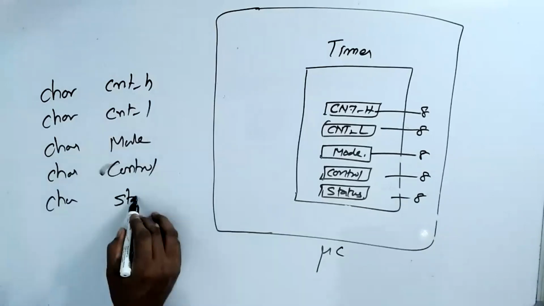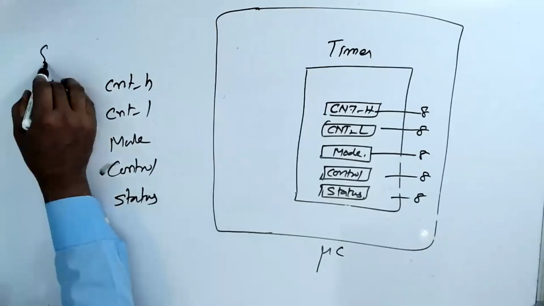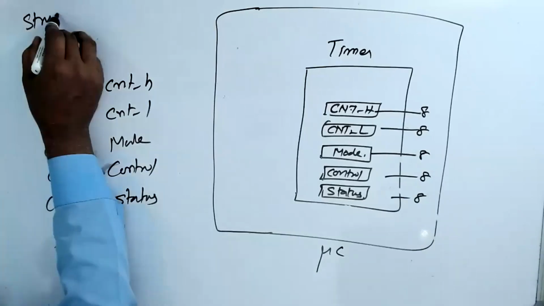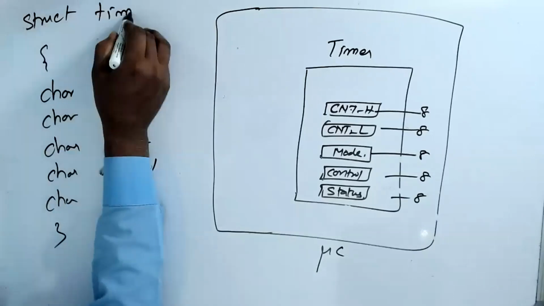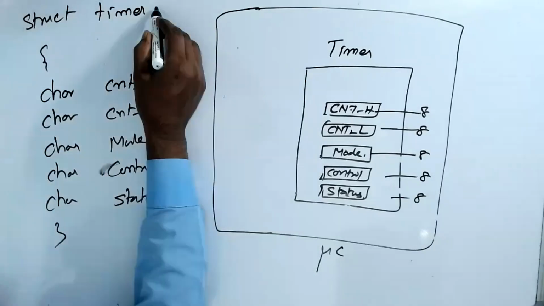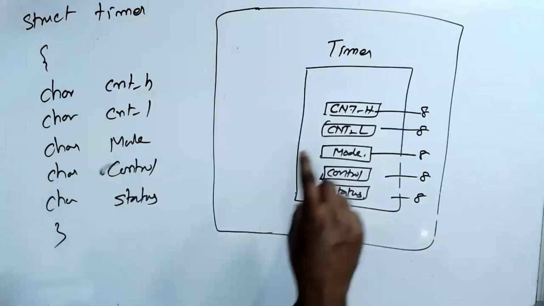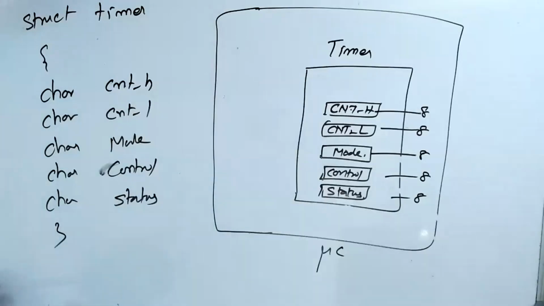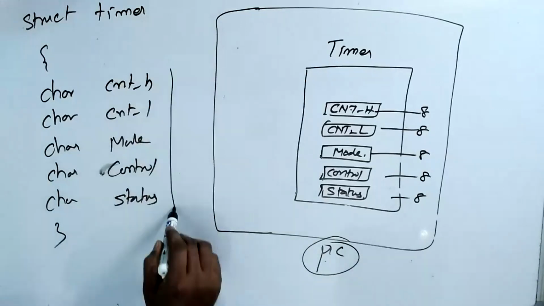I create a structure and call it structure timer, which has this many values inside the IC. Is it clear now? So I have a structure which represents the microcontroller timer, and these are all registers.